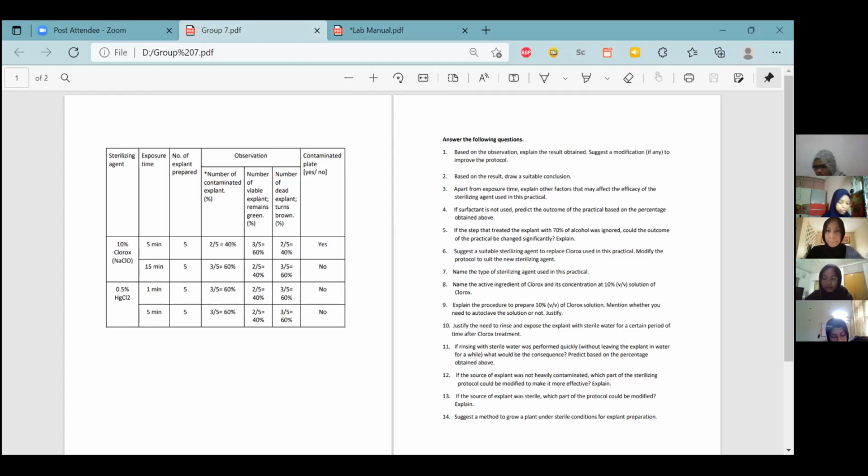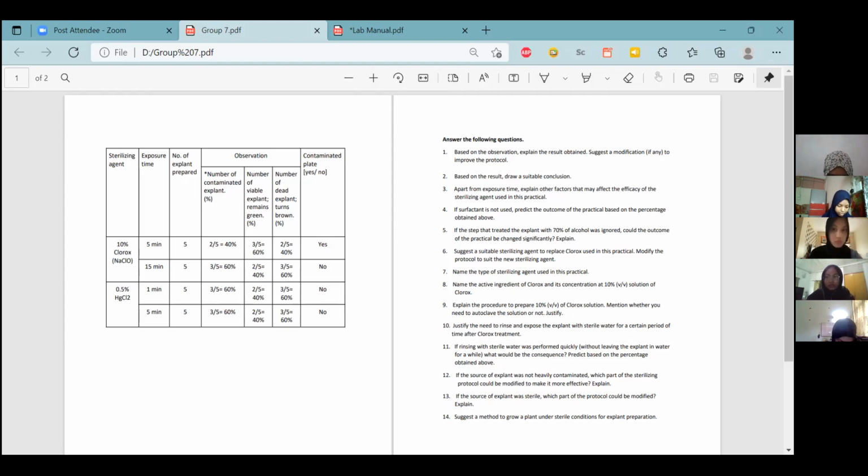So for number 4, the question asks if surfactant is not used. The surfactant we use here is Clean 20. So if Clean 20 is not used, what is the outcome of the practical based on the percentage of cleanable?